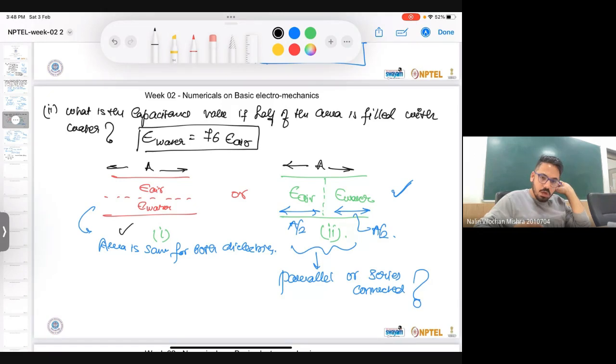Okay, so in this, I am saying half of the area is filled with water. Here I'm talking about area, not volume. So think like this.